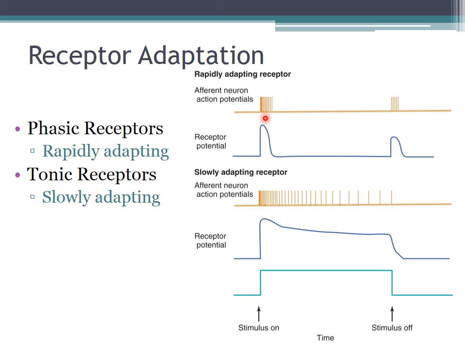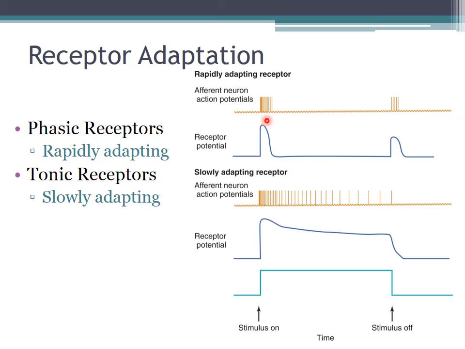So classic examples of phasic receptors are touch receptors. This is the reason why you can wear a watch after a week or so. When you first put on that watch, you always notice it. It's kind of annoying, right? Because you're constantly activating the receptor, and the receptor in that case is responding.